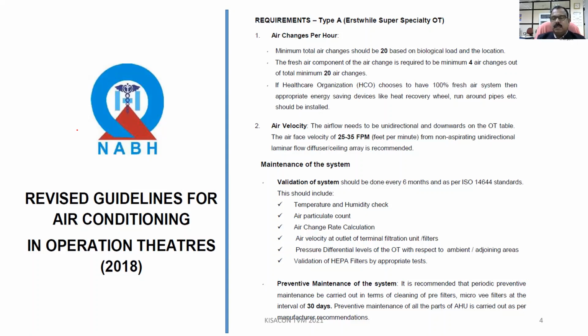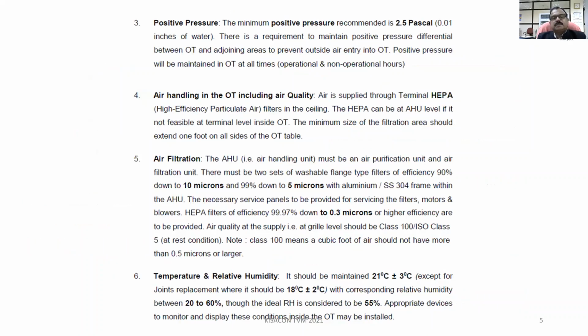And there has to be a validation of the system every 6 months regarding the temperature, humidity, air particulate count, air change rate calculation, air velocity at the outlet, pressure differentials, and validation of HEPA filters. And the preventive maintenance of the system has to be done in 30 days.